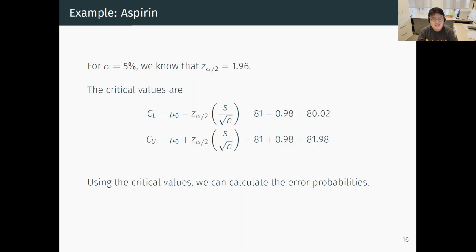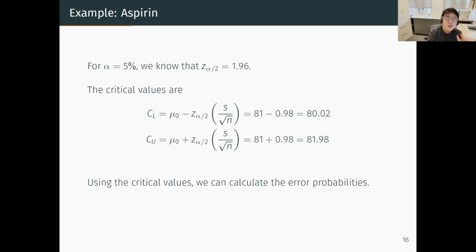In this context, critical values are really useful because the same critical values can be applied to different realizations, different data. But if you used the p-value or t-statistic approach, you have to recalculate those every time you get new data. So there will be more algebra, less convenient in calculating the error probability.